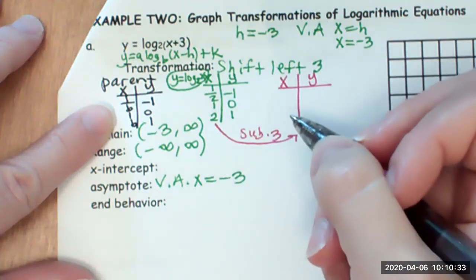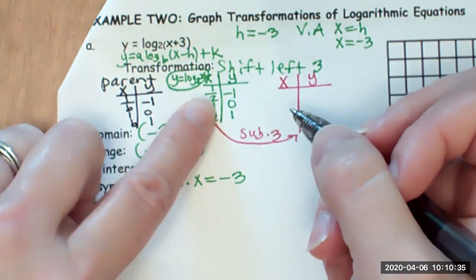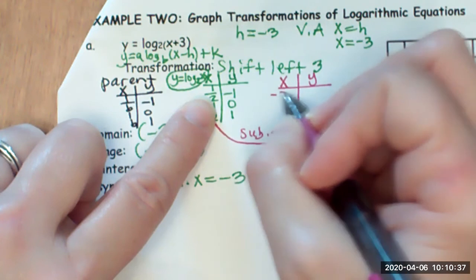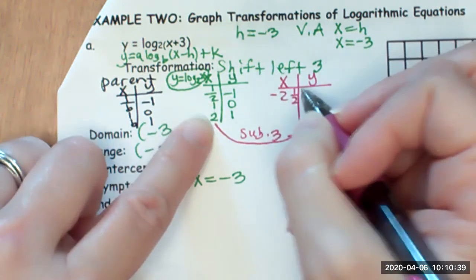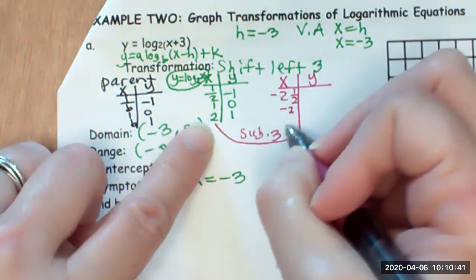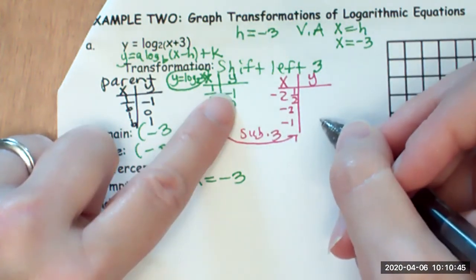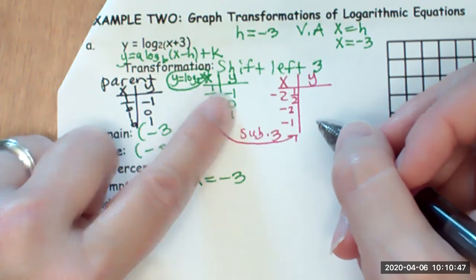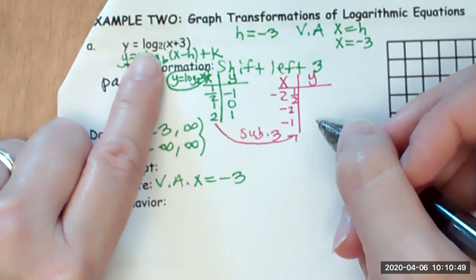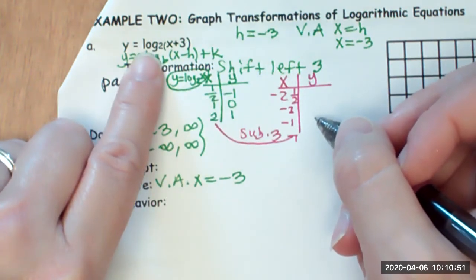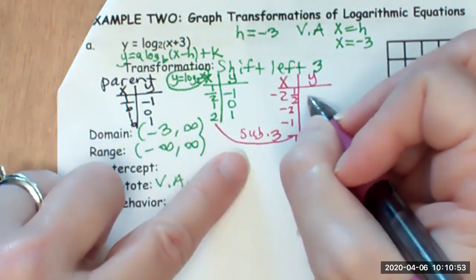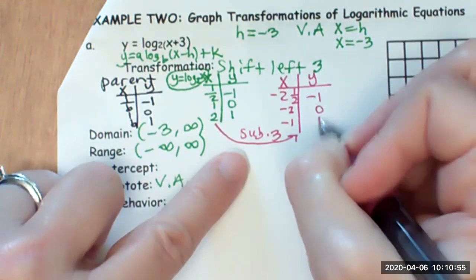So 1/2 minus 3 is negative 2.5. 1 minus 3 is negative 2, and 2 minus 3 is negative 1. The y values stay the same because we're not shifting up or down, and we're not vertically stretching or shrinking, and we're not reflecting. So I'm just going to leave that at negative 1, 0, 1.